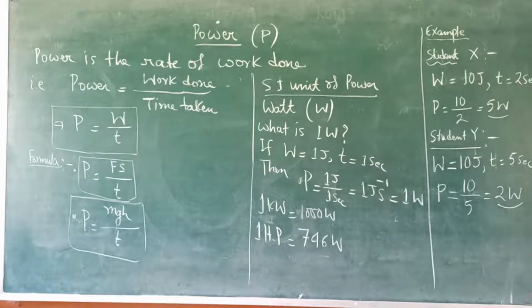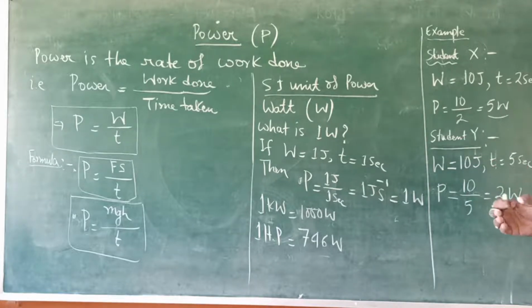It means that student X and student Y are doing the same amount of work, 10 joule, but which student takes less time to do the work? Obviously student X. Student X takes only 2 seconds to perform a work of 10 joule, but student Y takes 5 seconds.